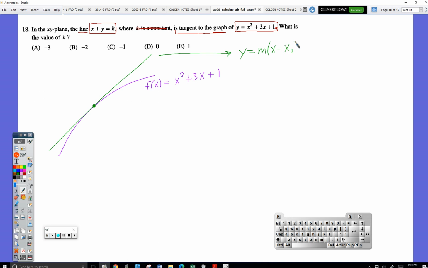Oh, I remember. What the heck is this? That's the line tangent. Yeah, that's the same thing. So they're equal to each other. So we could have also called it this: x plus y is equal to k. They're the same thing.